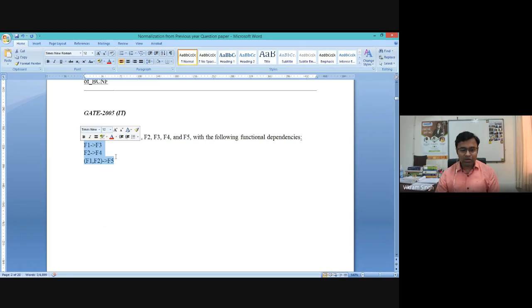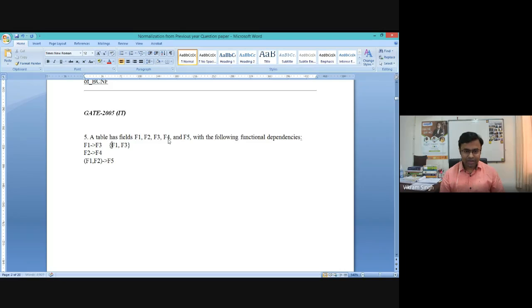Now, based on these 3 FDs, if you go for identification of the candidate key, the approach will be like this. Because we have 3 FDs, you can start from the first FD. The first FD says if you have F1, you can determine F3. So with F1, we will be able to generate F1 comma F3.